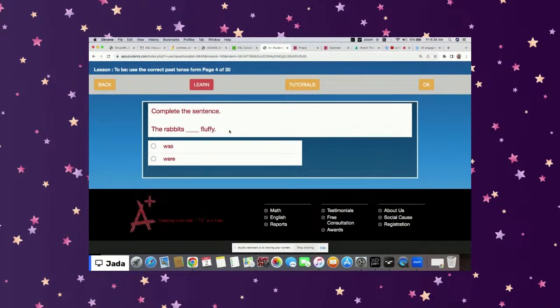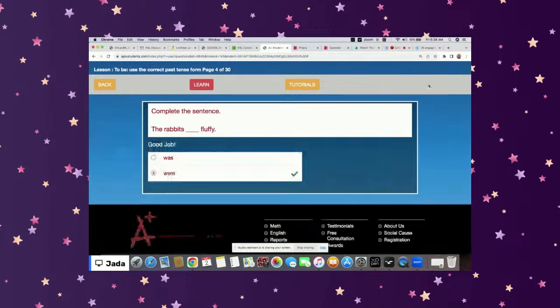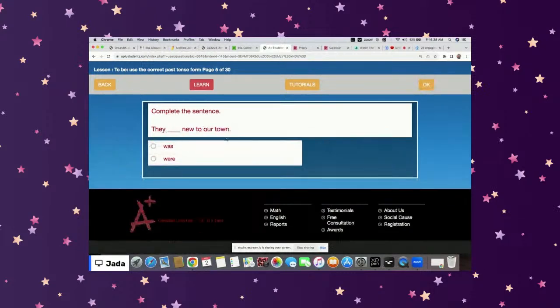Okay. Were. Okay. The rabbits were fluffy because it has S, so rabbits were fluffy. Now, the dash new to our town.